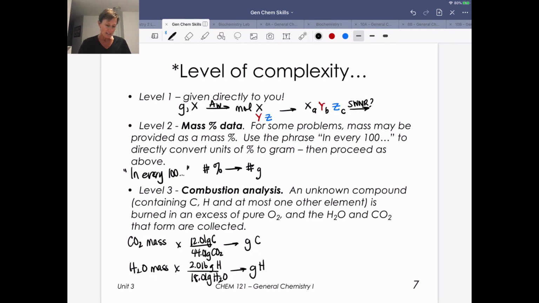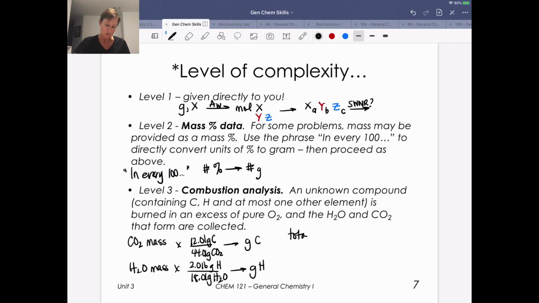So now, essentially, it's like I'm starting at a level 1 problem. But there's one little other trick I need to do. Remember, there were 3 elements in our compound. Using carbon dioxide mass will give me grams of carbon. Water mass will give me grams of hydrogen. So the mass of the other substance is going to come from this little piece.